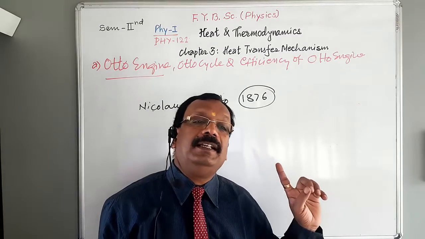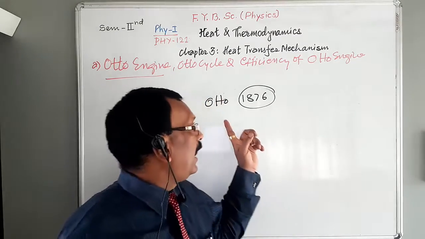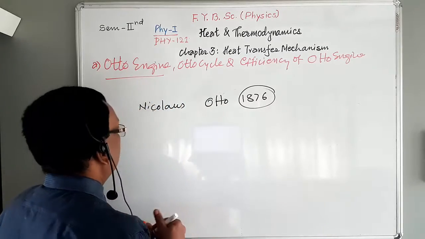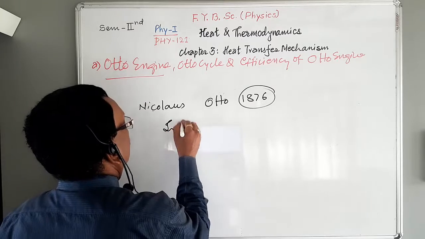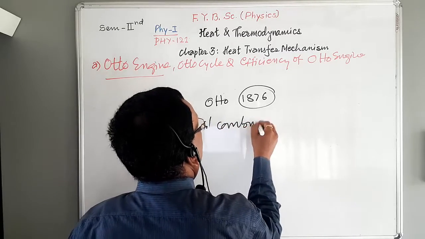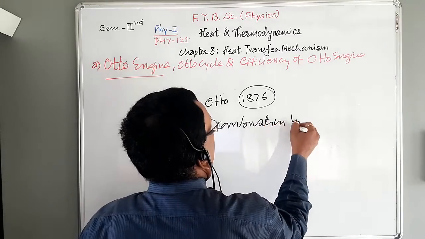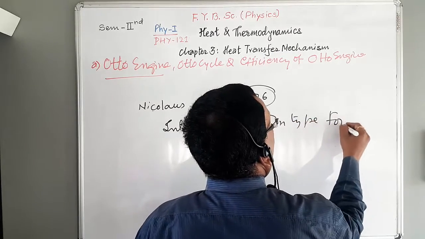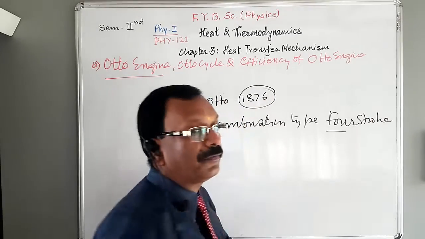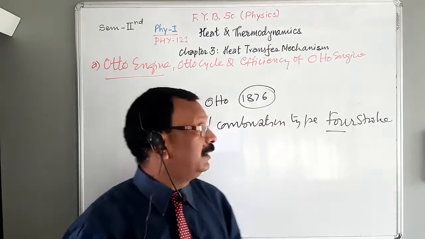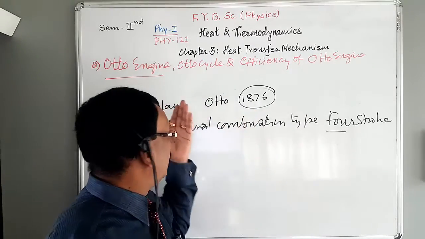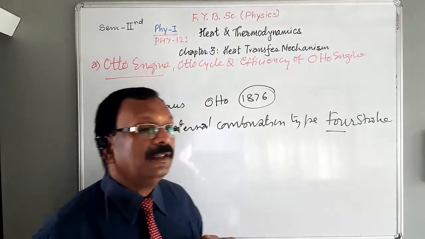This is the first practical heat engine, and it is an internal combustion type 4-stroke engine. Diesel engine is also 4-stroke. Here we are going to concentrate only on the Otto engine.